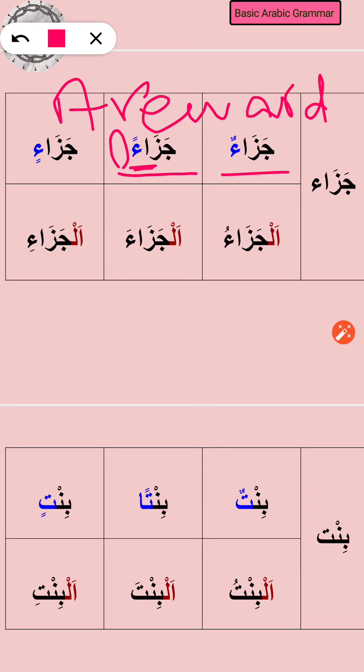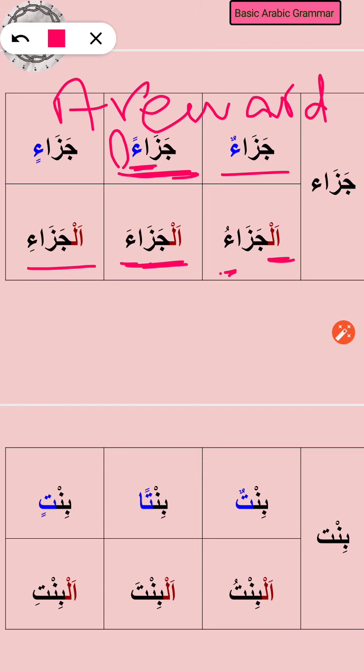Then we have the marfa form, which is the addition of al. So we have al jaza'u, al jaza'a. Notice that there is no post-tanween alif. Well, here the reason is different, and here the reason is different. So you have to know the reasons why something is happening in Arabic. All right, so al jaza'u, al jaza'a, and then al jaza'i.